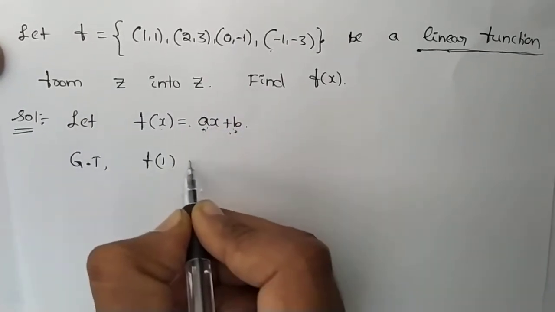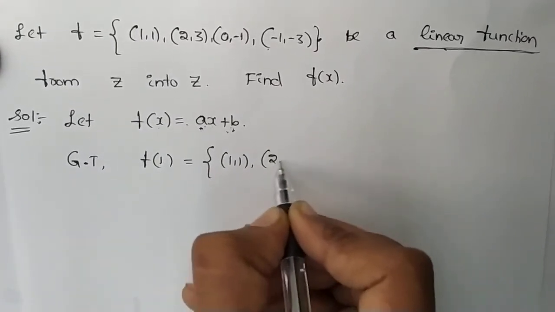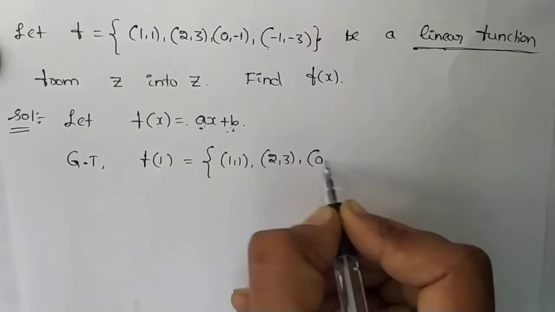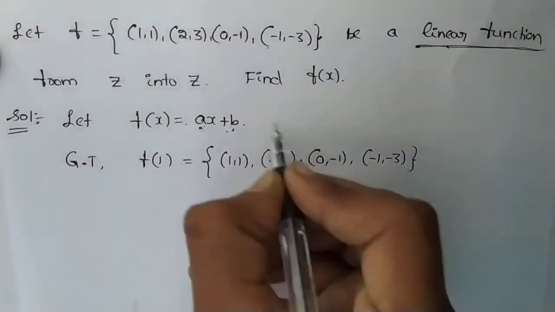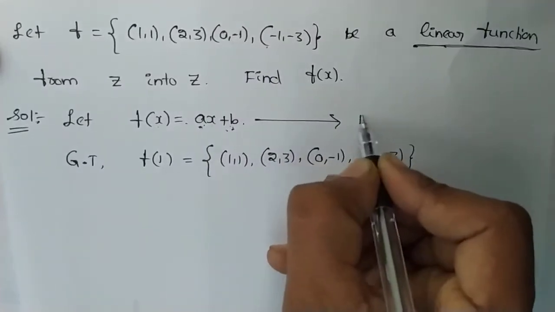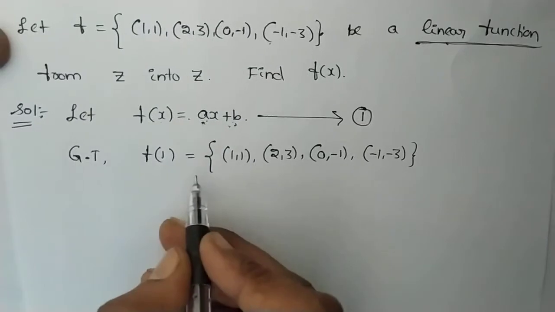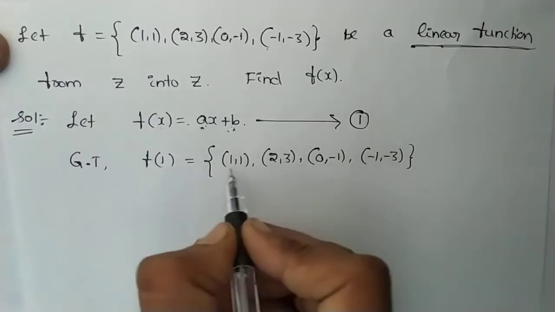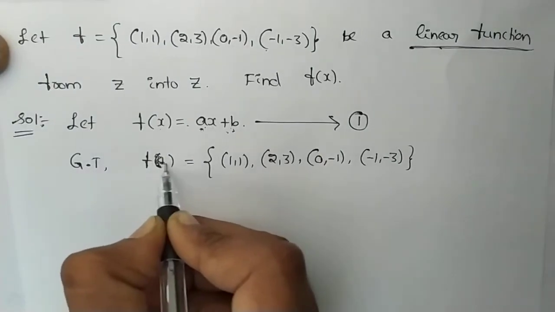F equals {(1, 1), (2, 3), (0, -1), (-1, -3)}. Call this equation number 1. It is the given function. Now, by the definition of a function, it is not f of 1, it is only f.